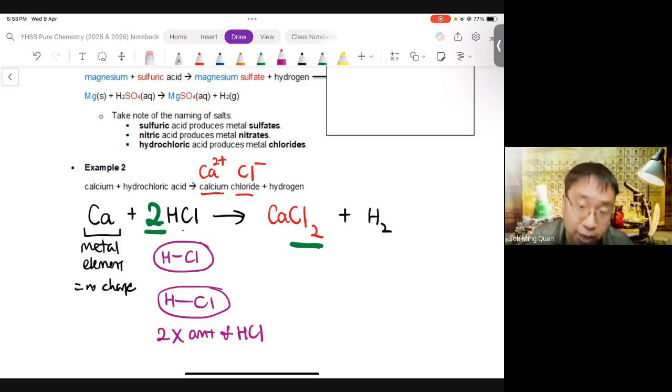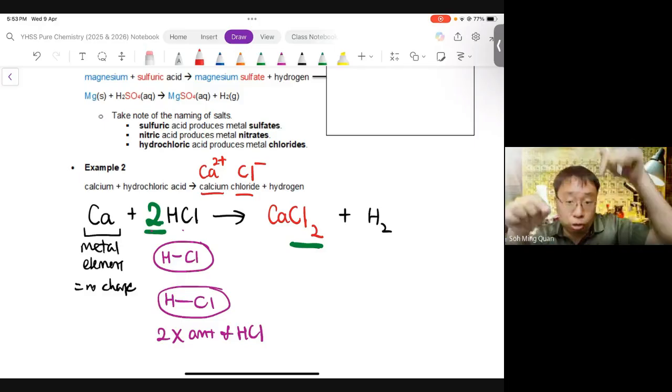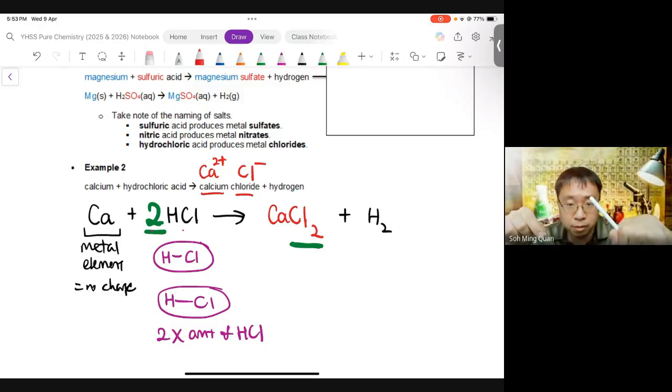So let's revise. In order to balance the equation, you must first write the formula correctly, meaning you will need to write CaCl2 correctly, H2 correctly. When writing formula, that's when the 2 goes below. Once you have written the formula correctly, the next step is to consider, are the numbers of atoms on both sides, left and right, the same?